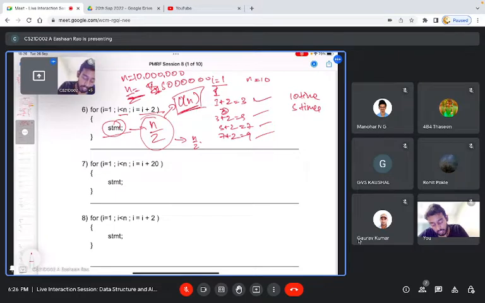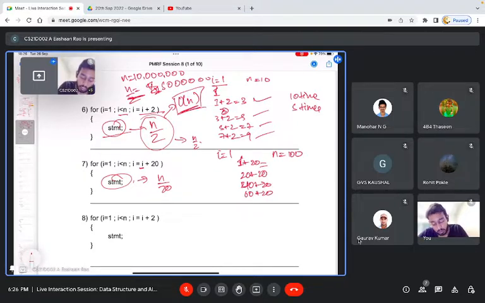Similarly here, if I equals 1, starting at 1, and n is equal to 100, and you keep on adding 20 to the I value, the statement will actually run for n by 20 times. That means it's like 21, so 21 plus 20, 40 plus 20, 60 plus 20, just like that.